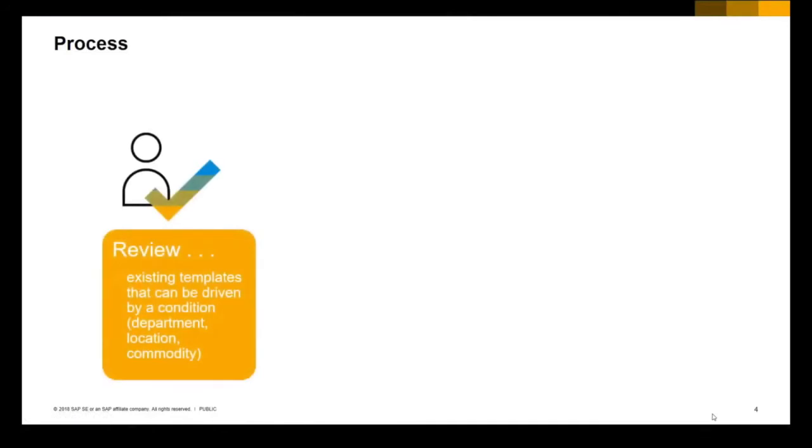So to recap, we reviewed which sourcing template we wanted to modify. In this case, we selected the sales and marketing process that we wanted to create a condition on.